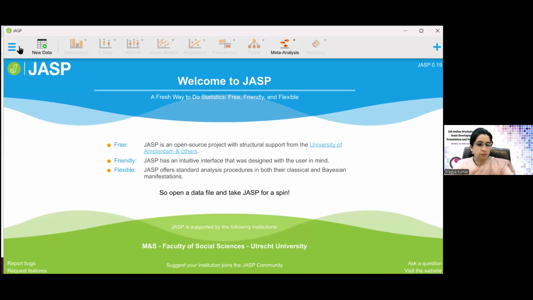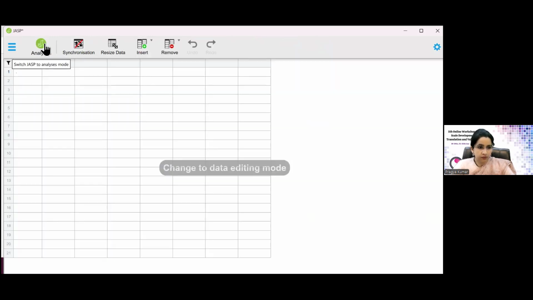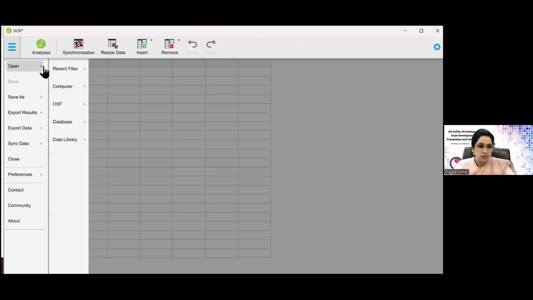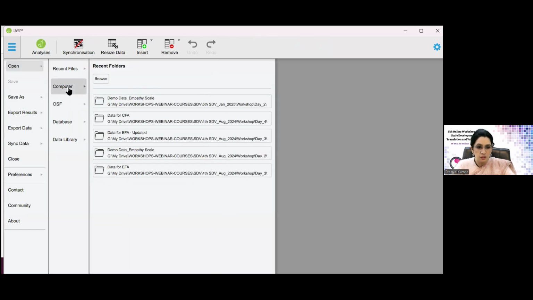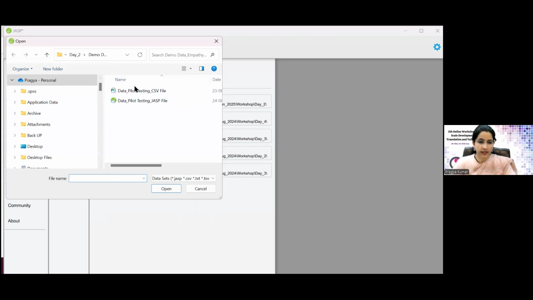So if I have to import data, how will I go? Click on this, it is a new one. I have to import data. So click on these 3 parallel lines, click open, go to computer, and in computer go to browse. You can see here there are recent folders. I may go to browse, and this was the pilot testing data CSV file.